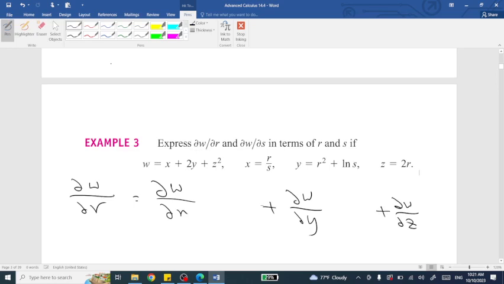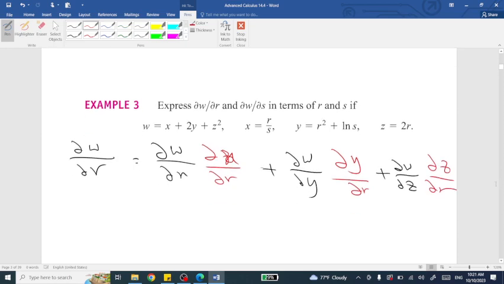Clear. Now, I want R. Of course, I'm going to talk about partial X, partial Y, partial Z, all of them by R. Clear. Let's do it together. If you can solve that one, it means that you understand all.